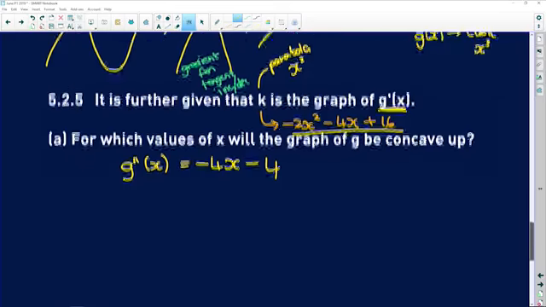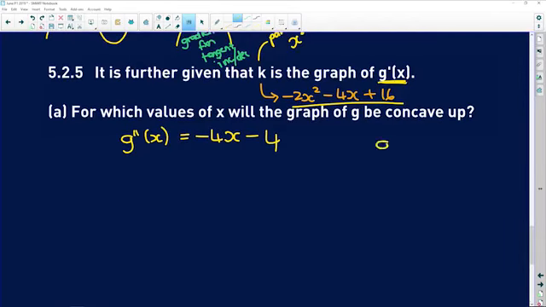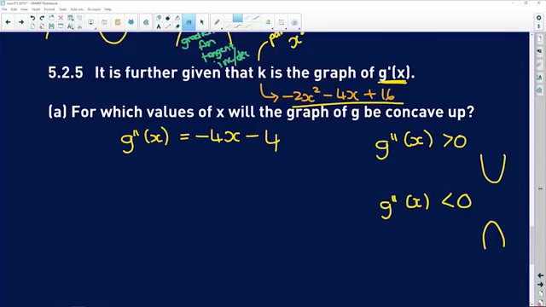So now for concavity, guys, where g double prime of x is greater than 0, then it's concave up. When g double prime of x is less than 0, it's concave down. Okay, and we're trying to find concave up. So we make this negative 4x minus 4 greater than 0, where it's positive.